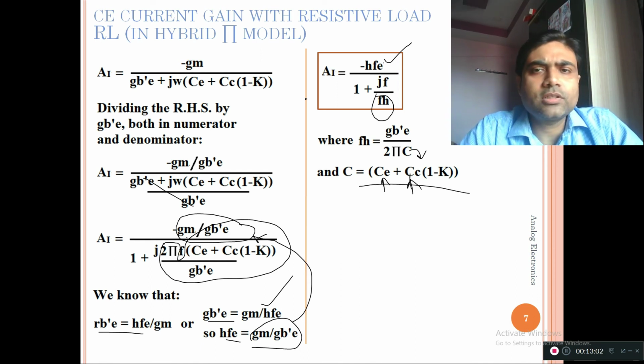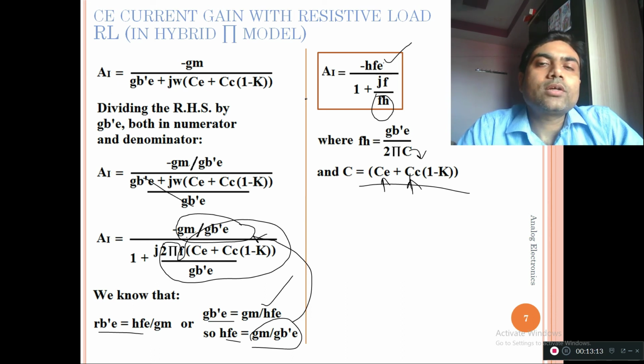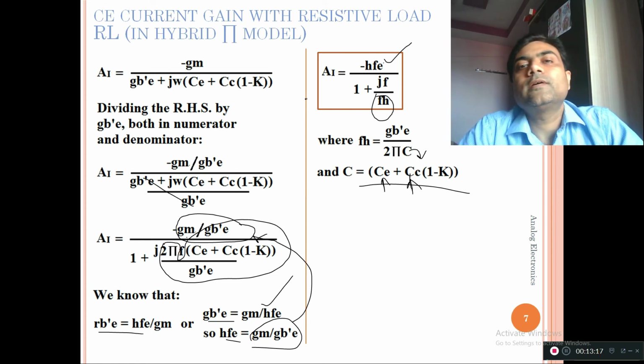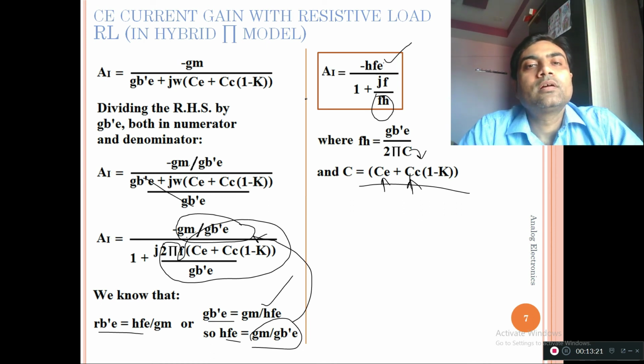fh is the same, that is again the 3 dB frequency, the cases will be the same, but the only difference is here we will get a slightly higher value of Ai. So fh is the actual practical frequency when we analyze the bandwidth of the amplifier, because we cannot always short circuit our output.